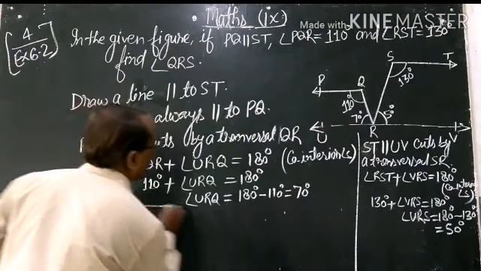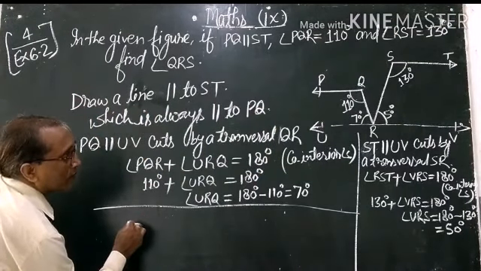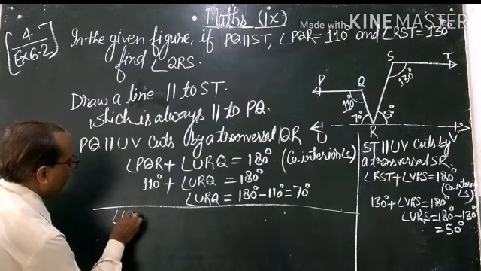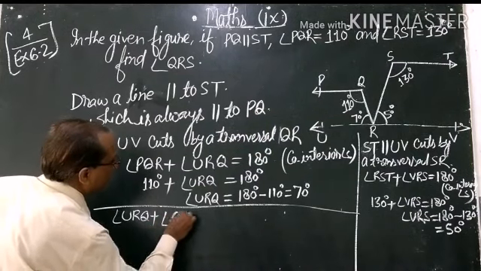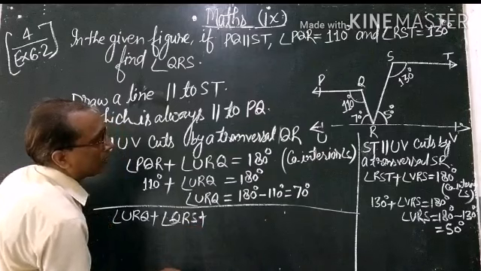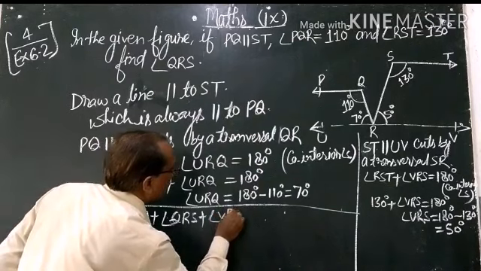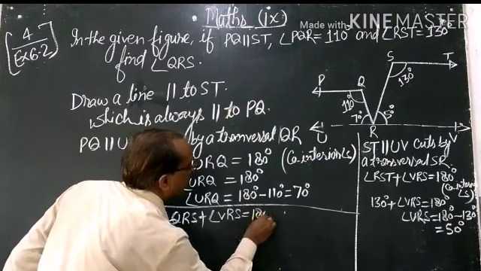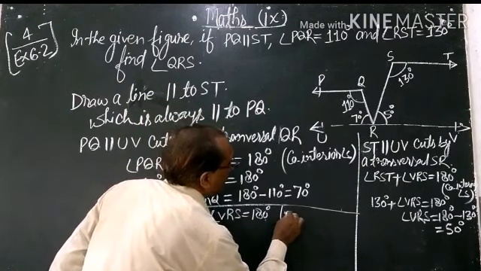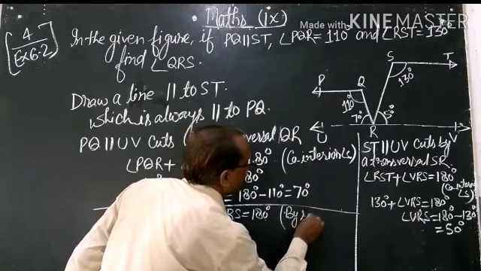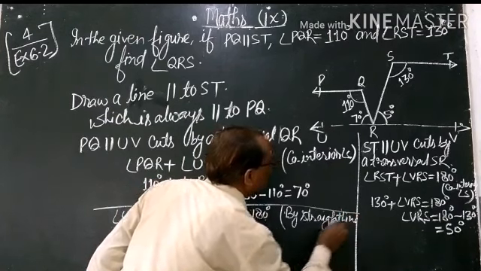You write here angle URQ plus angle QRS plus angle VRS is equal to 180 degrees by straight line property.